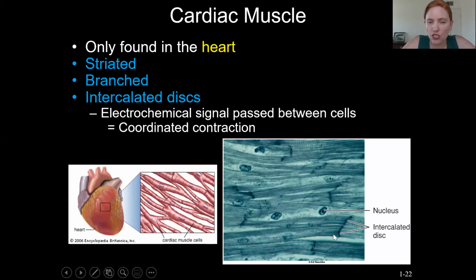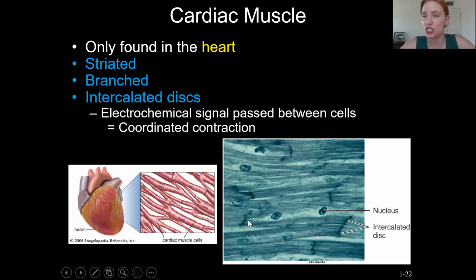But what's different? What's different is that instead of just being long cylinders, and that's kind of it, they instead are branching. So if you look carefully at this picture right here, here is the myocyte, which is another word for muscle cell. Here is the myocyte right there, and you'll notice that here's the long main piece of it, but it also has this little piece sticking up.